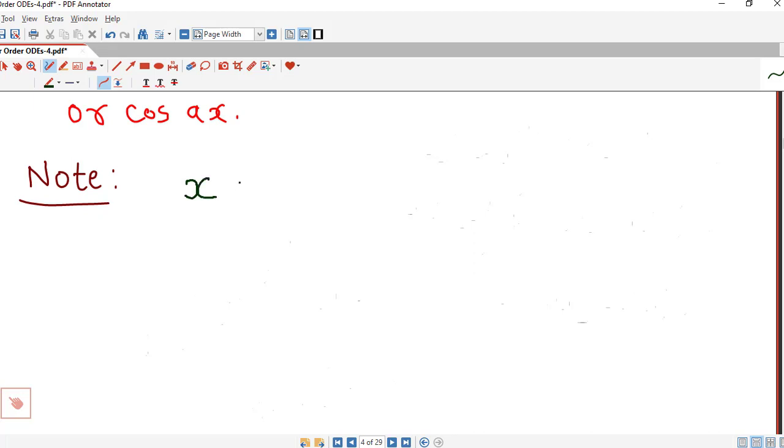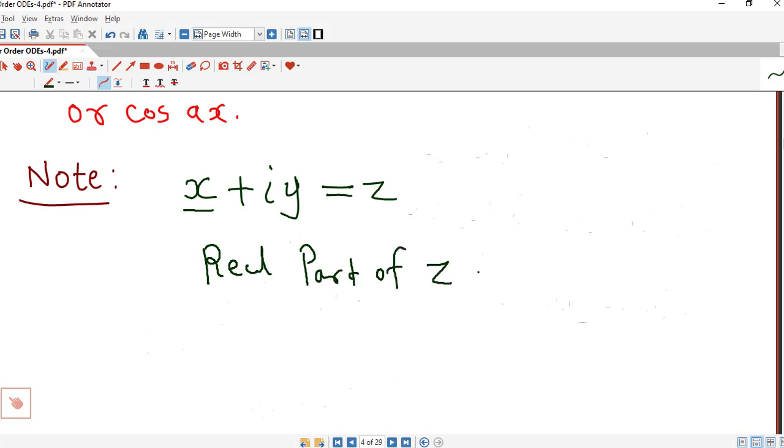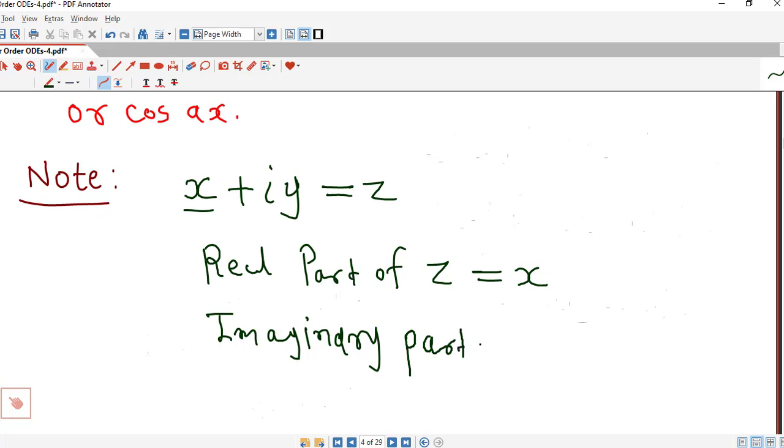They are denoted by x plus iy, equal to say z. This x is called the real part of z and y is called the imaginary part of z. The imaginary part of z is the coefficient of i, that is y.